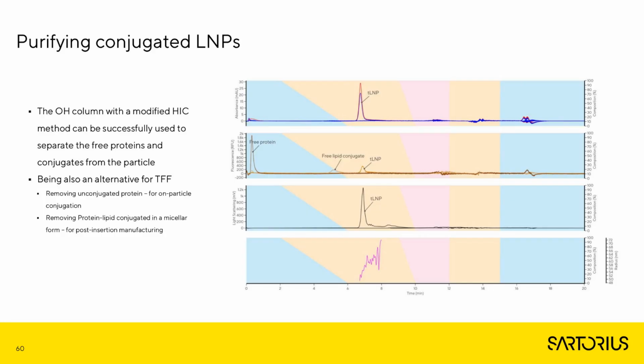I mean, a protein attached to the pegylated lipid that is then in a micellar form, which is a common impurity if you use a post-insertion manufacturing mechanism. In this case, the free protein does not bind at all. If it's a lipid conjugate, it does bind to the column, but you can separate it in the gradient, and you can have your purified, targeted LNP nanoparticles and collect those specifically.